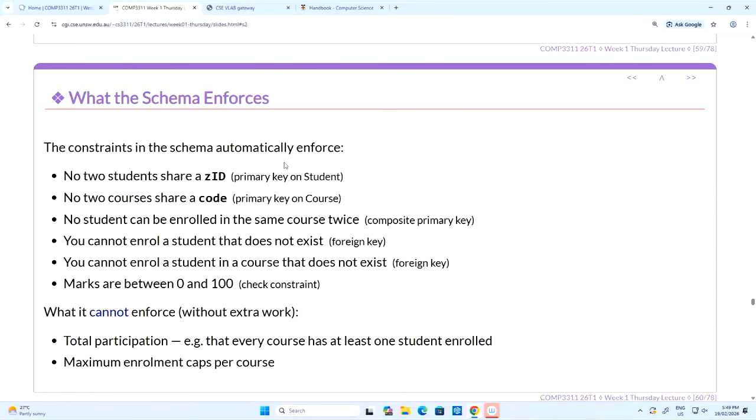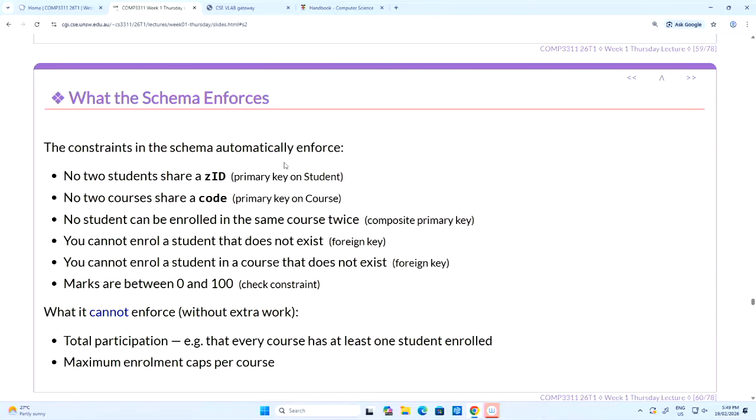Yeah, and one thing about the primary key is that the primary key should always be unique. So whenever you declare an attribute or a combination of attributes to be a primary key, it means that attribute or that combination of attributes cannot repeat itself.